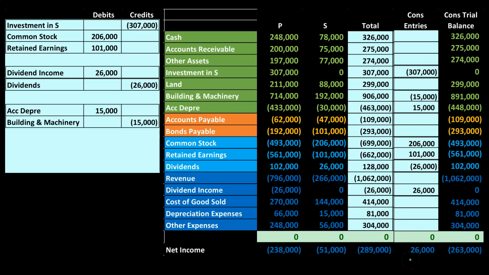We removed the 26,000, which under the cost method was the dividend income that was recognized. We removed, of course, the investment. We removed the other side of it, which would be the equity section recorded on S's books, and then we had that adjustment for the accumulated depreciation, the property, plant, and equipment. We can then use these numbers to make our consolidated financial statements.